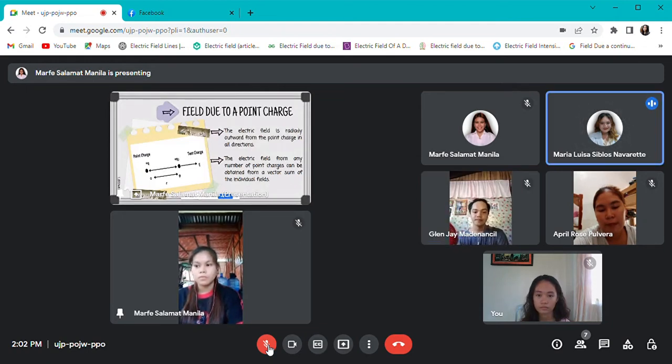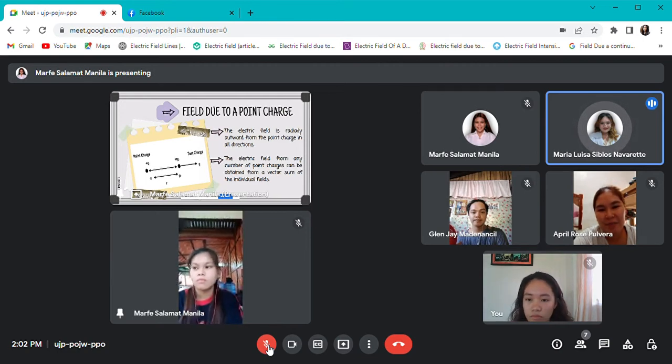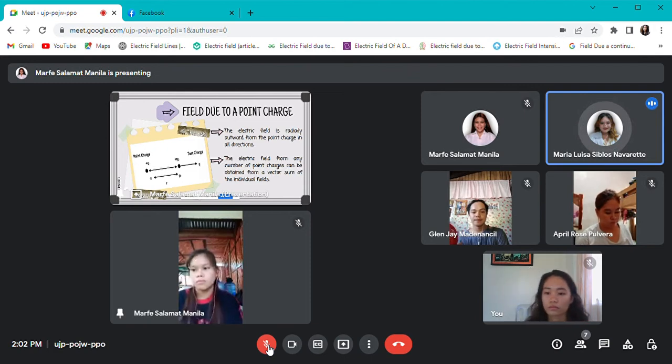Okay po. So the electric field is radially outward from the point charge in all directions. So the electric field from any number of point charges can be calculated from the individual fields.